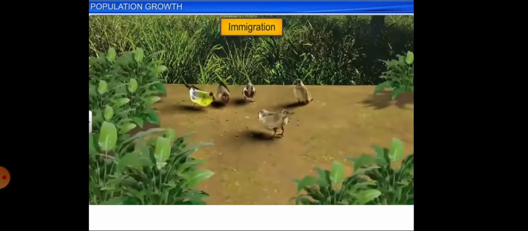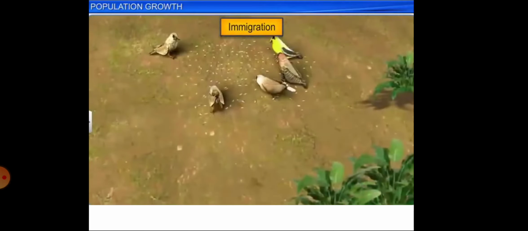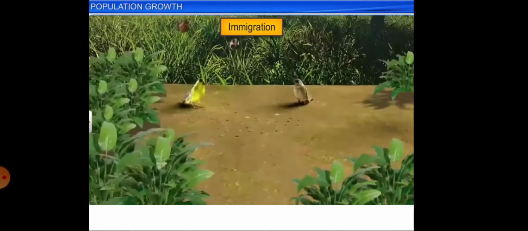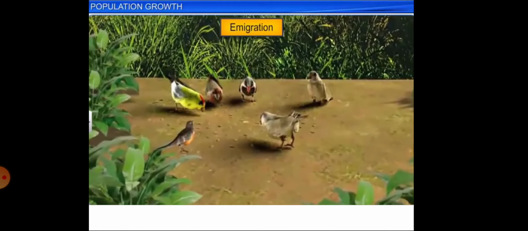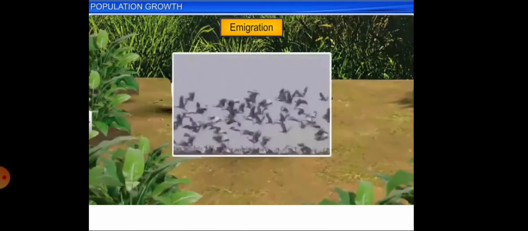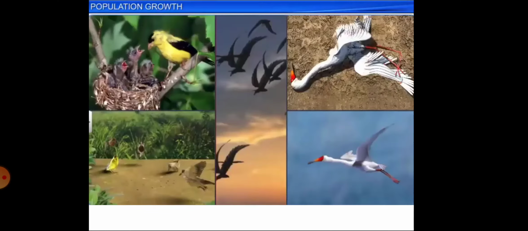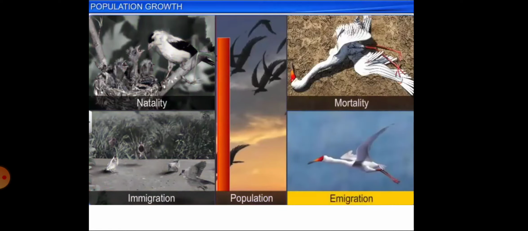Immigration is the number of individuals of the same species that come into a particular habitat from elsewhere during a given period, while emigration is the number of individuals of a population who leave a particular habitat and go elsewhere during a given period. In a population, natality and immigration result in an increase in population density, while mortality and emigration result in a decrease in population density.